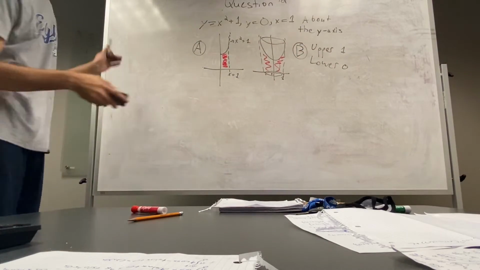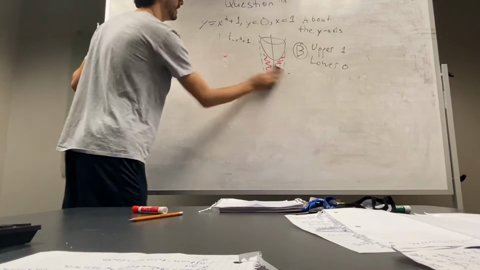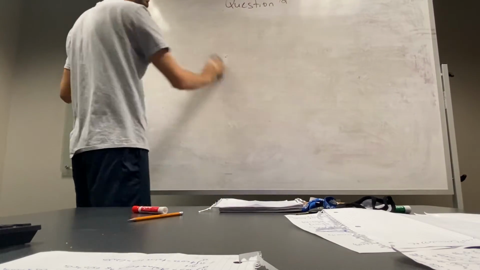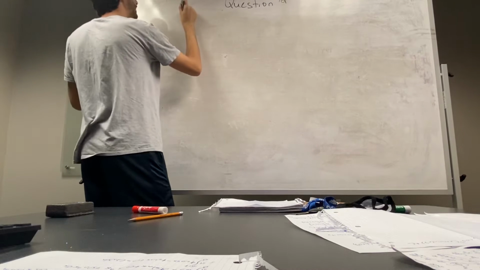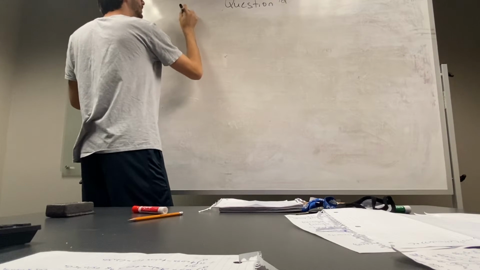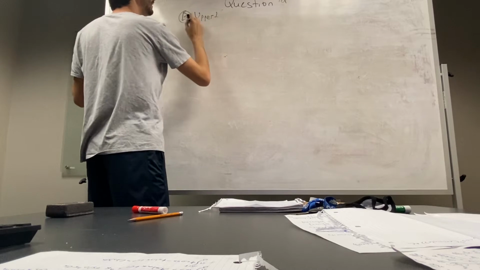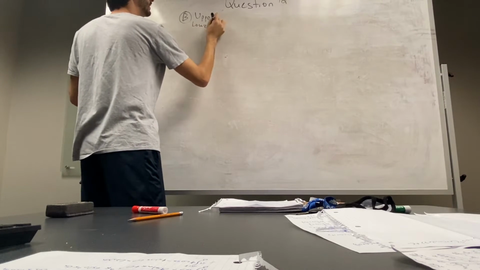Okie dokie. I'm going to erase and start writing out our problem. So we have part b, upper 1, lower 0.